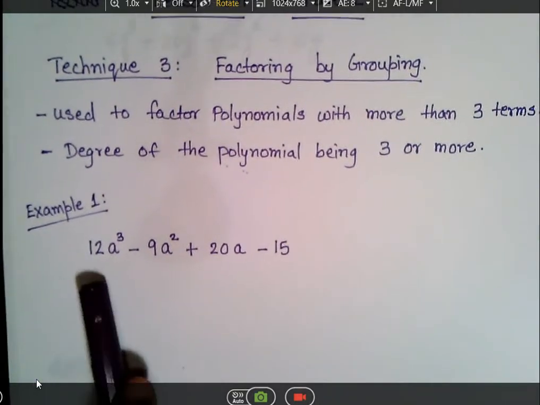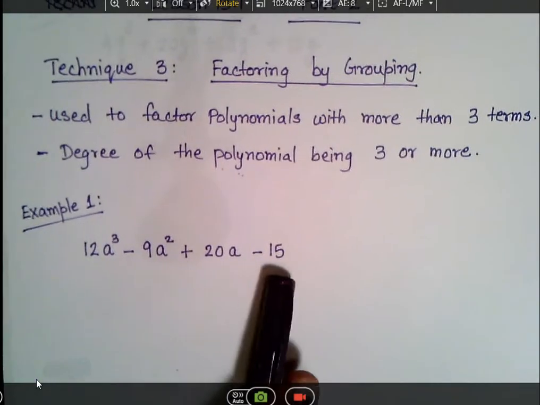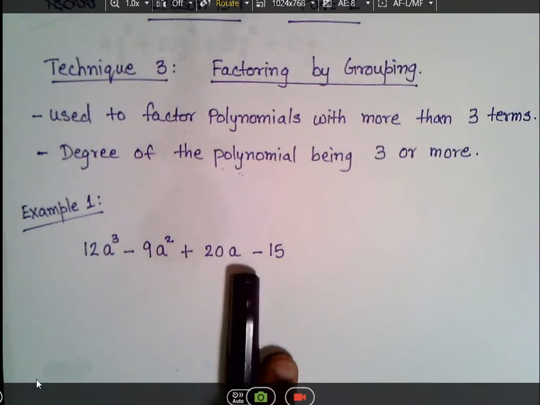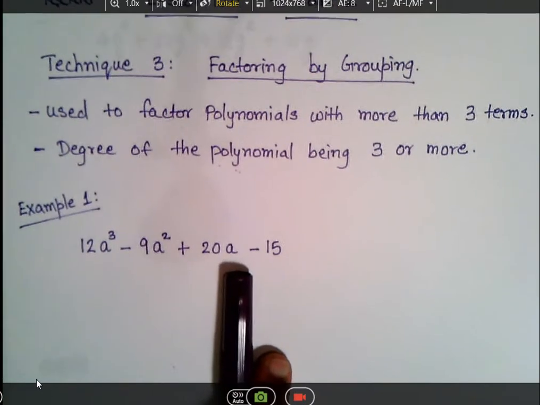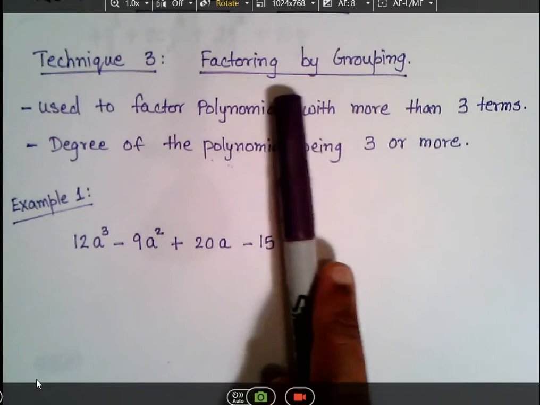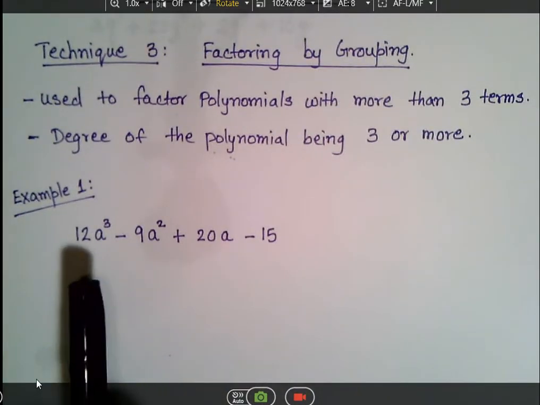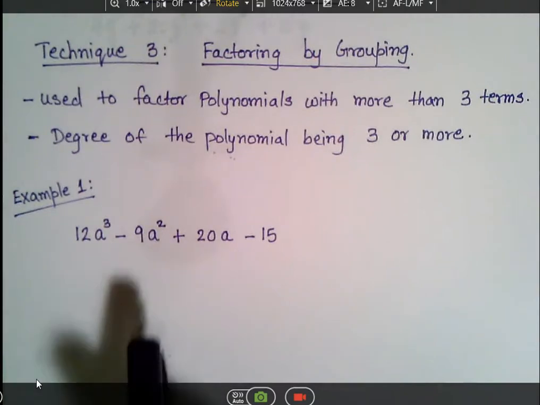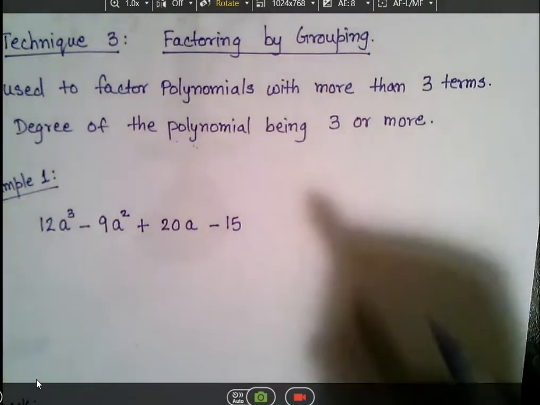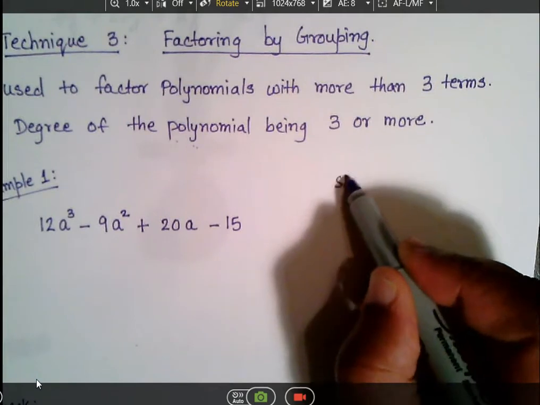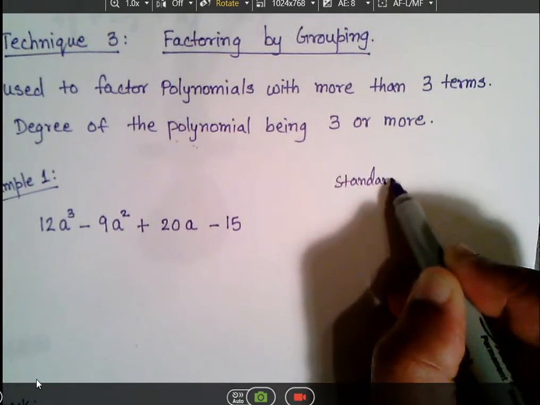So here I have my polynomial. This polynomial has 4 terms, so I'm going to be using factoring by grouping. The key here is to first put your polynomial in standard form.